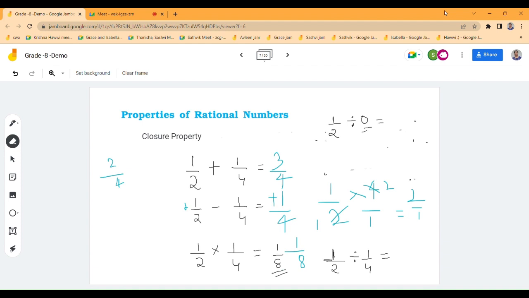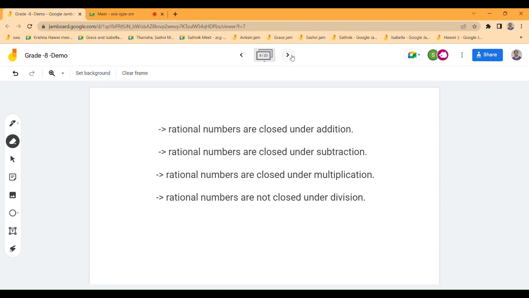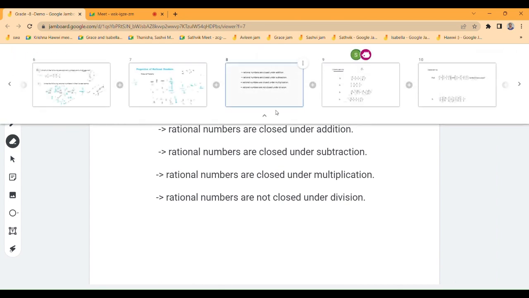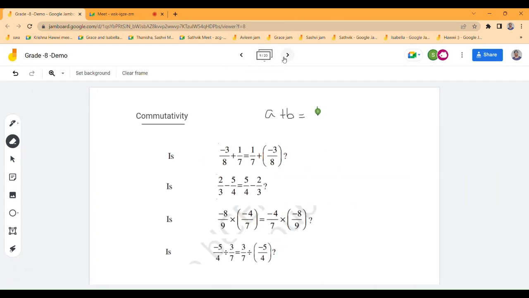Commutative property. This was what you were saying: a plus b is equal to b plus a. Can you check the first one? Ma'am, the first one is correct as minus 3 by 8 plus 1 by 7 is equal to 1 by 7 plus minus 3 by 8.